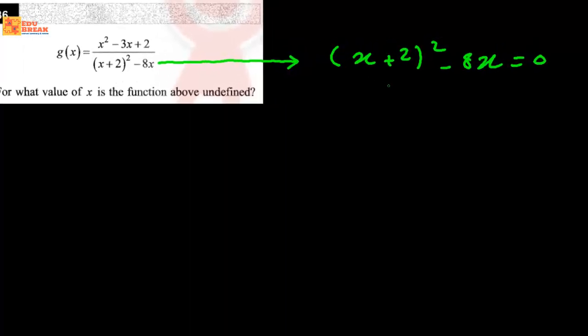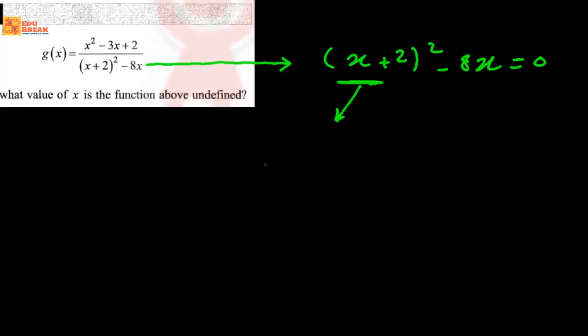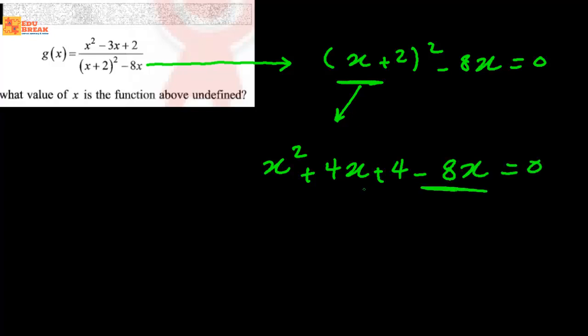The function is undefined when the denominator equals 0. So we have x plus 2 whole squared minus 8x equals 0. So we expand. It will be x squared plus 4x plus 4 minus 8x equals 0. Add like terms.